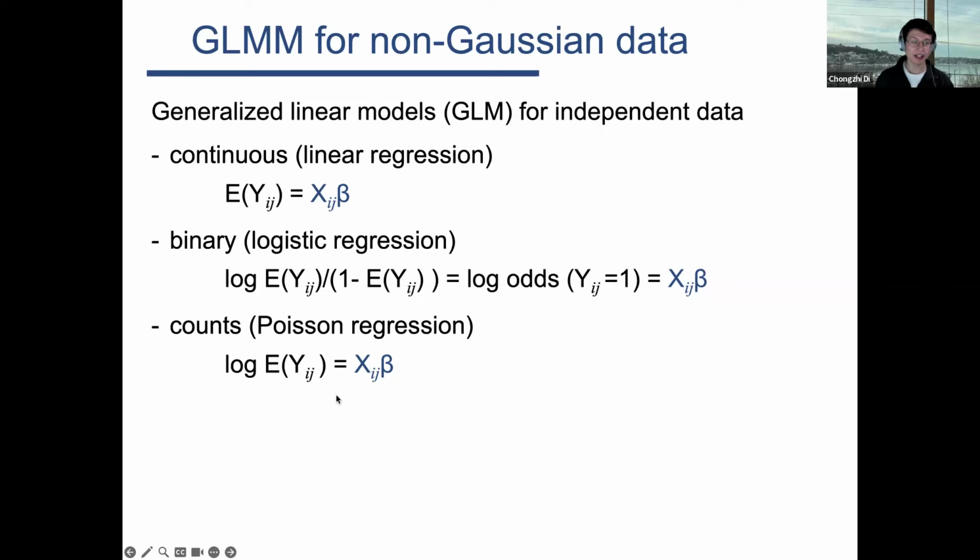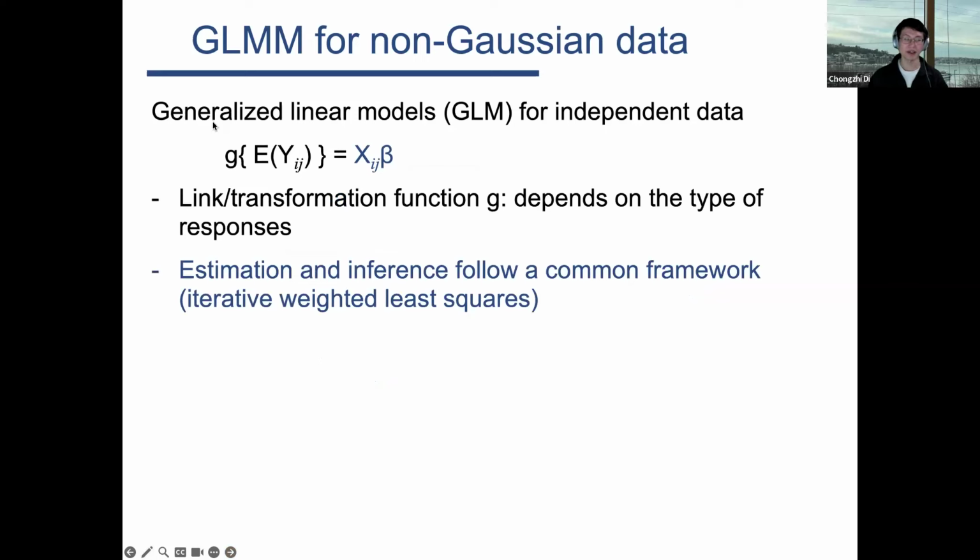So they all have similar forms in the sense that the left hand side is always some sort of transformation of the average of the outcome. The right hand side is always a linear predictor on the covariates, right? In the statistical literature, we call this type of models generalized linear models. We use G to represent whatever transformation is suitable for the particular type of outcome, and we link this to the linear predictor of covariates.